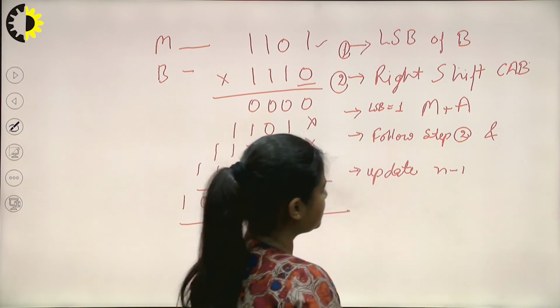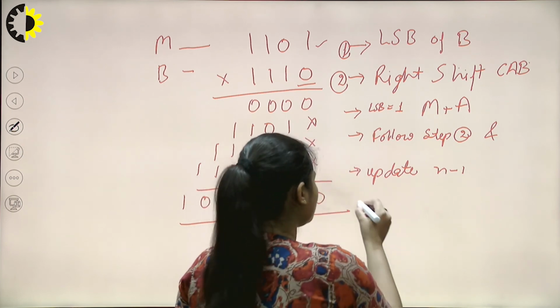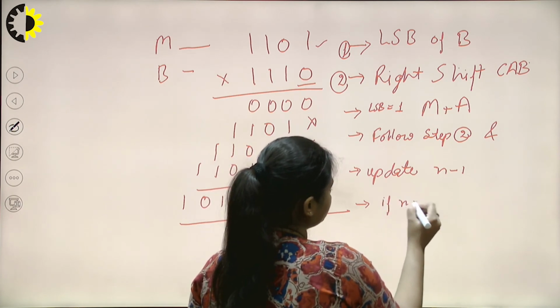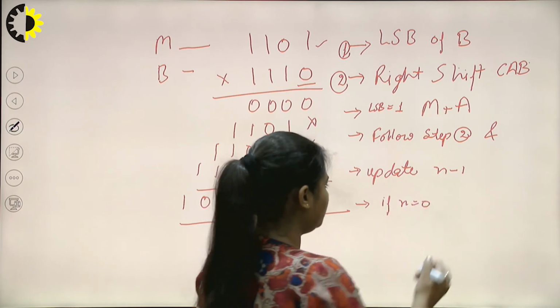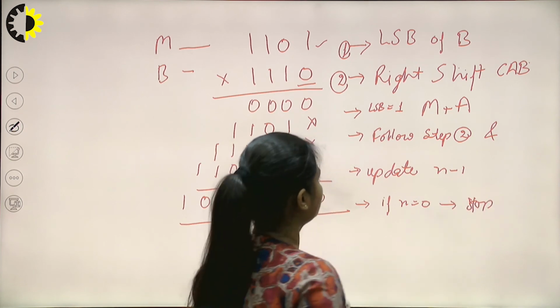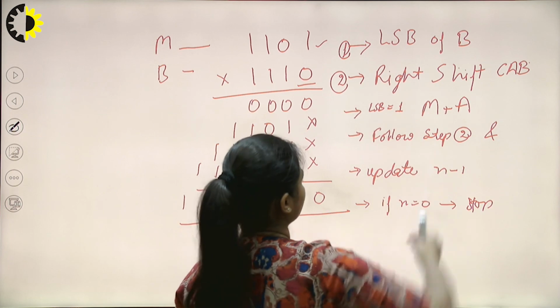Okay, in each step. Then we will check the condition of N. If N is equal to 0, then we will stop. Otherwise, we will follow all these steps again and again.